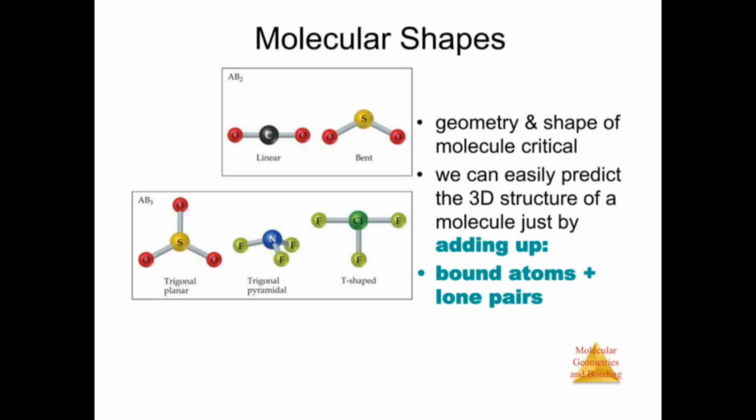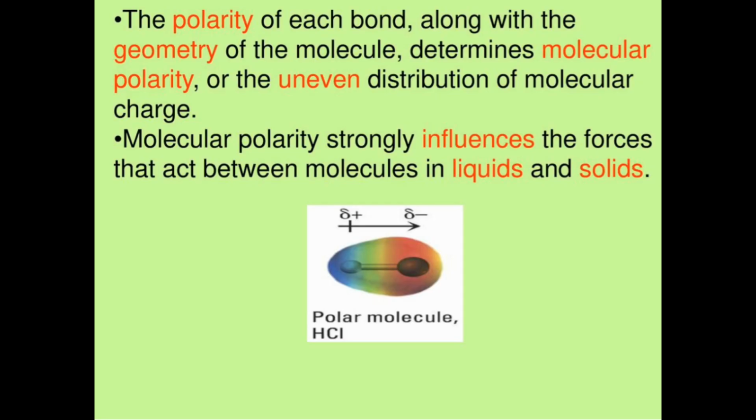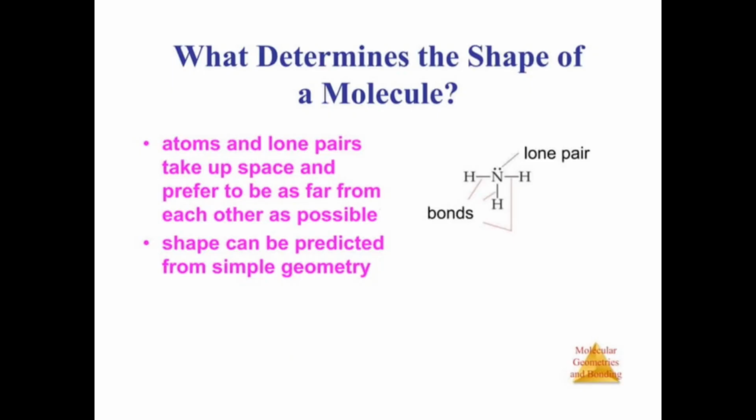So by this we can determine the molecular shape of a particular molecule or compound. The polarity of each bond along with the geometry of the molecule determines molecular polarity, or even the uneven distribution of molecular charge. So molecular polarity strongly influences the forces between molecules in liquids and solids respectively.